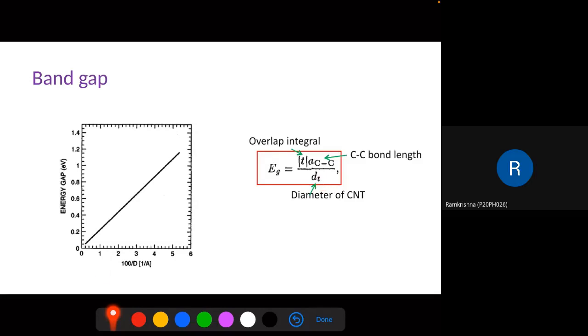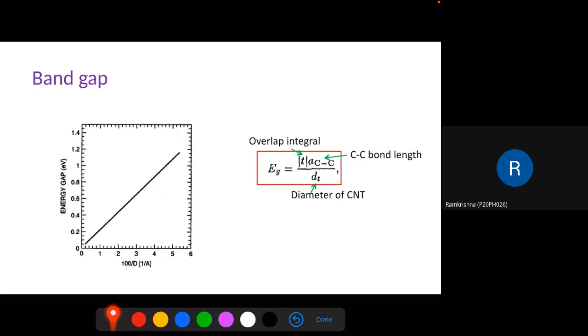The plot here on the left shows that as you increase the diameter, your energy band gap is inversely proportional, so if you increase the diameter, your band gap will decrease. And so you can tune the optical properties of carbon nanotubes as well, similar to what we saw in the quantum dot case, where it is inversely proportional to the diameter.